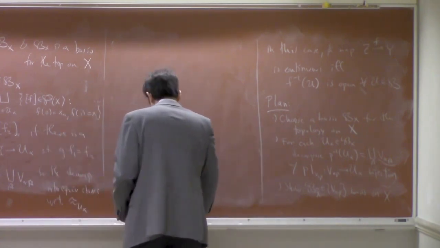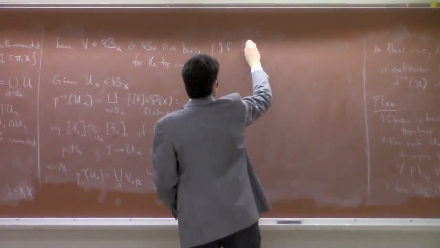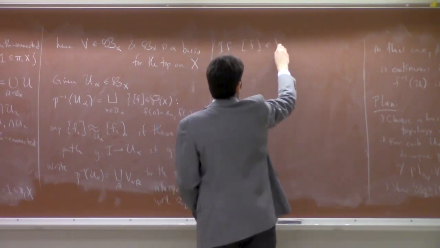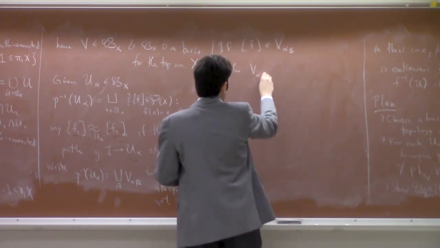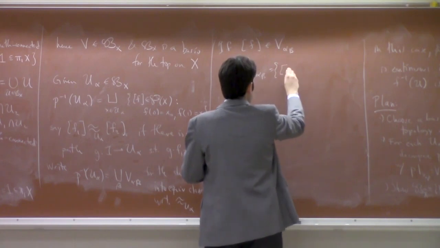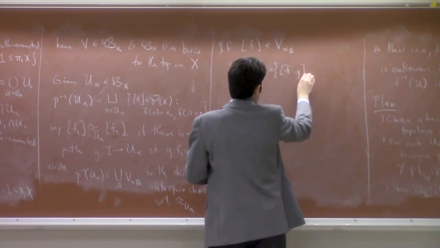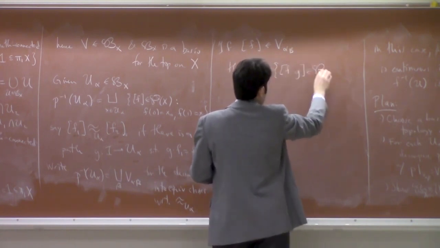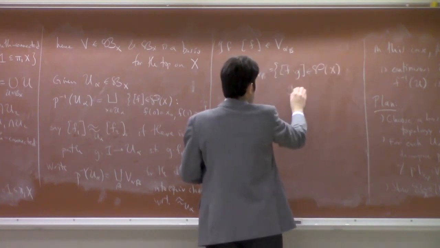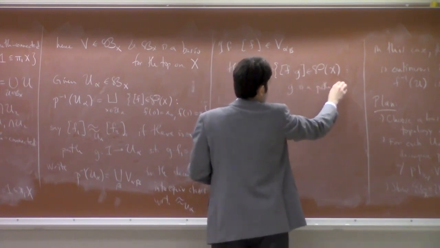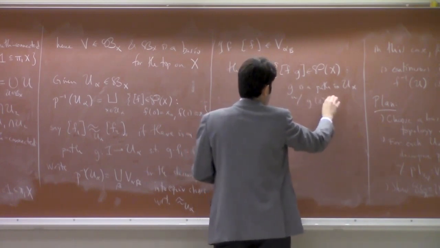Right, so to be more explicit about these guys, we can say that if you have any path F in one of these, then you can write this equivalence class as the path homotopy classes f dot g in the fundamental groupoid of X, such that G is a path in U alpha with G of 0 equal to F of 1.